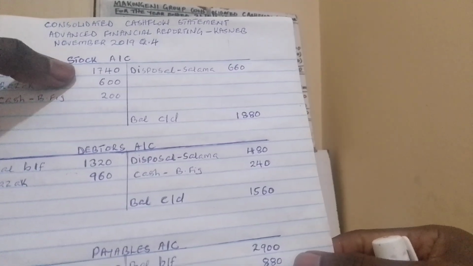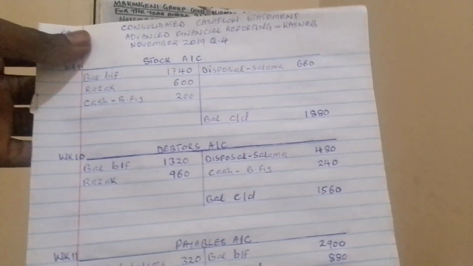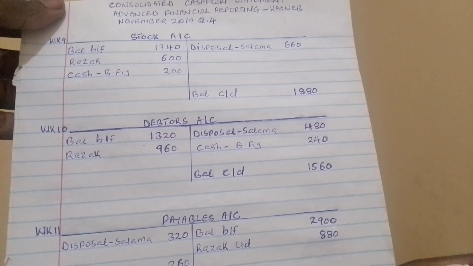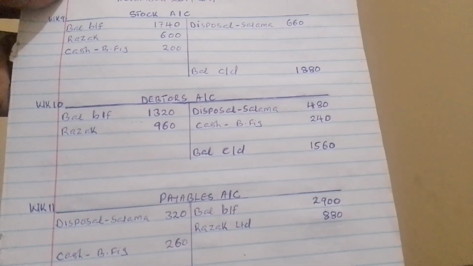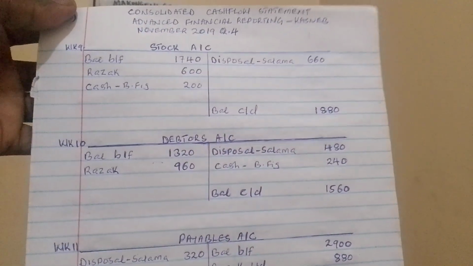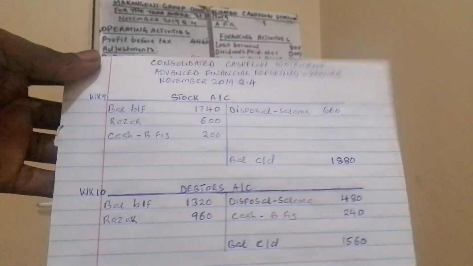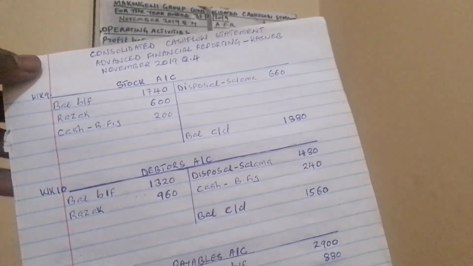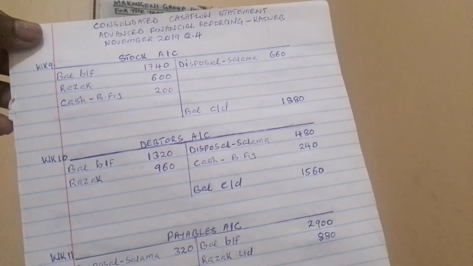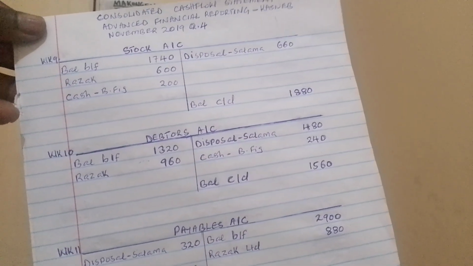Then when we disposed Salama, there was a stock of 660. So our stocks decreased by 660. The balancing figure will be 200. So 200 is on the debit side, which means the stock increased by 200.